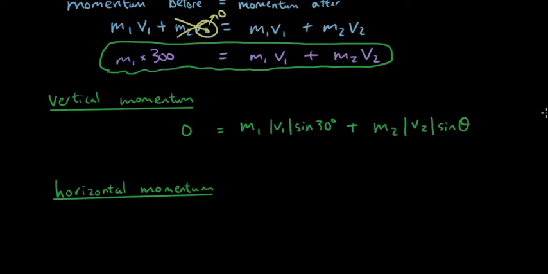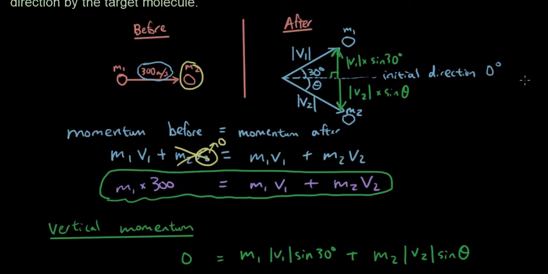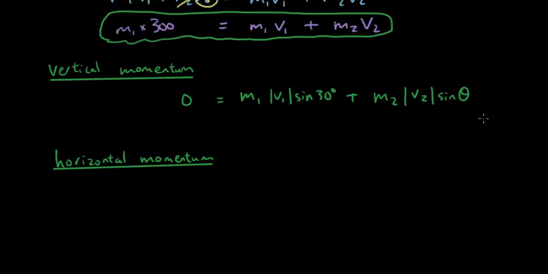So the horizontal momentum, well, the mass is moving to the right at a speed of 300, so it's m1 times 300. Alright, it's moving to the right.